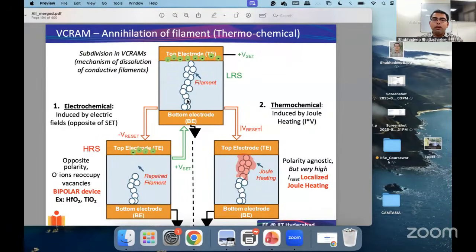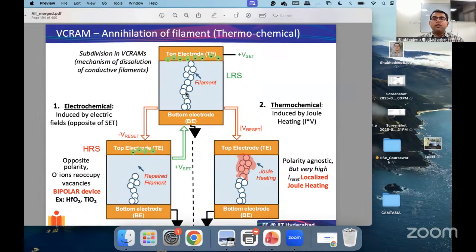In valence change RAM, the conductive filament comes from substoichiometric metal oxide. As we know, metal oxides are generally insulating in nature, but when there is substoichiometry, basically you remove oxygen, so the resultant filament is conductive in nature.